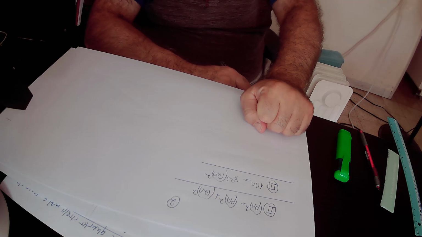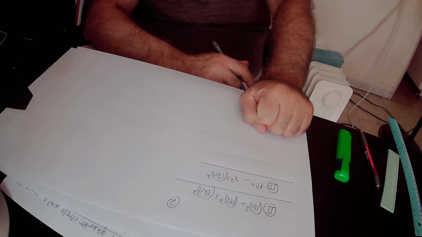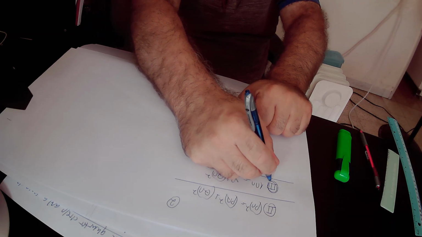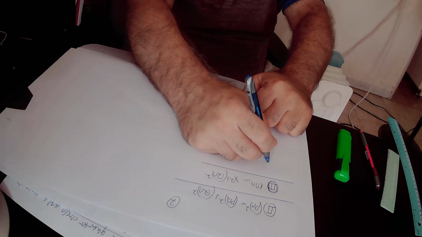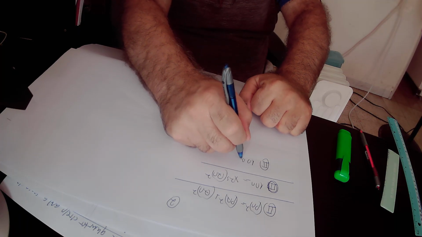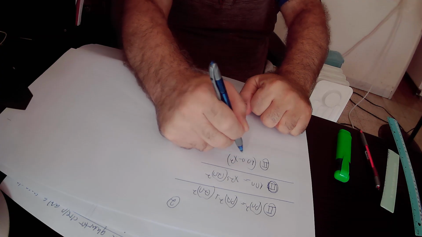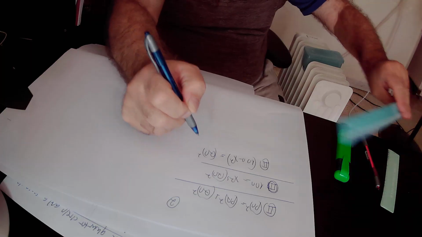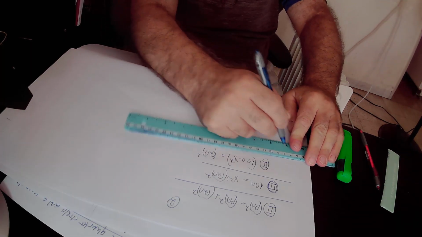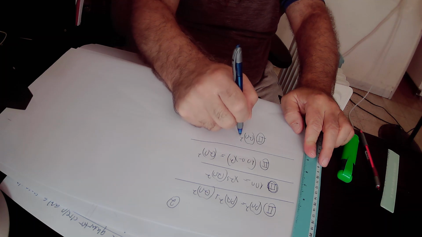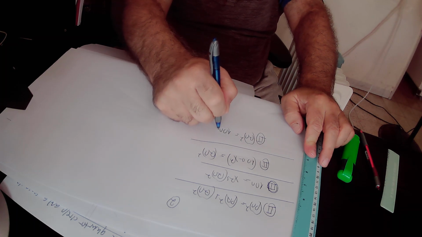Here we will subtract x squared from equation 2. And finally we get that 100 minus x squared equals QO squared. So according to equation 2, QO squared equals 100 minus x squared.